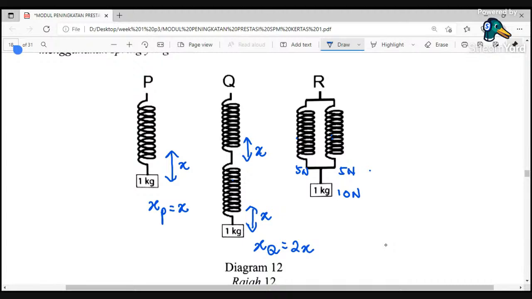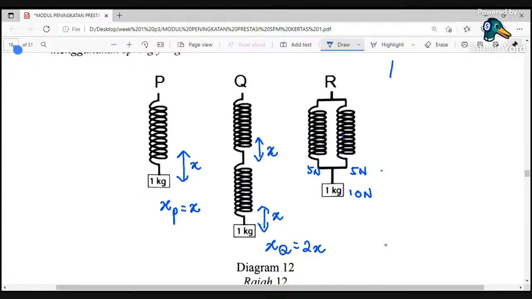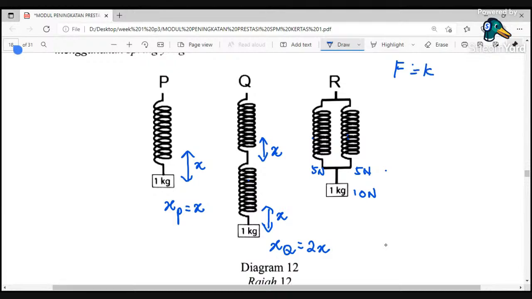So what happens to the extension for the new arrangement here? Parallel, ini parallel. Okay, gunakan Hooke's law, F equals to Kx.